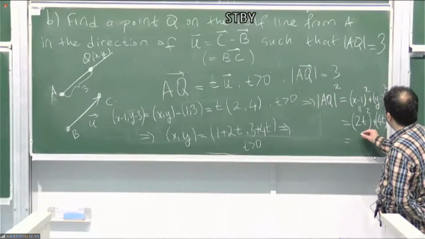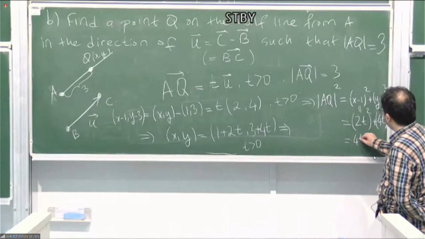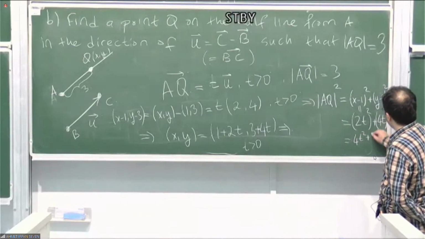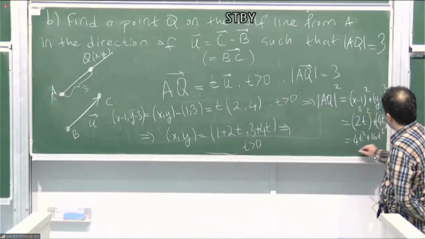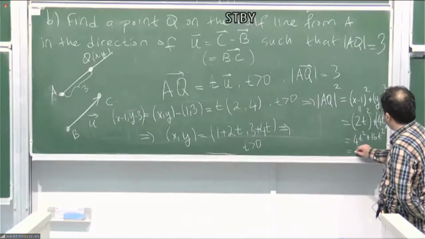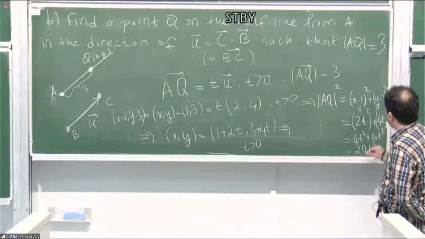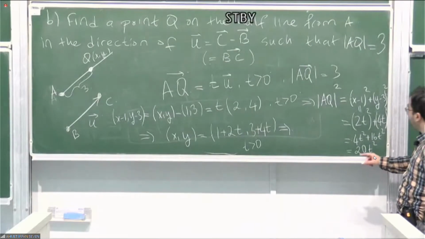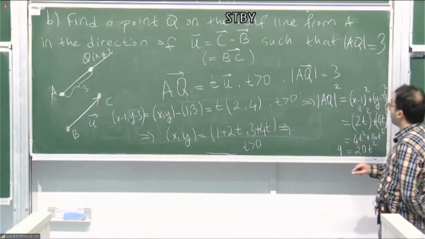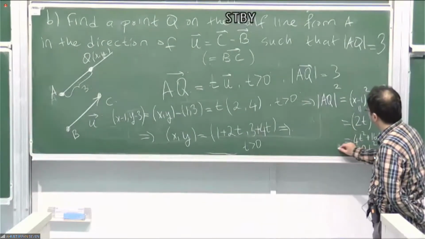So this will be equal to 4 times t squared plus 16 times t squared, which is 20 t squared. This is to be equal to 3 squared, which is 9.